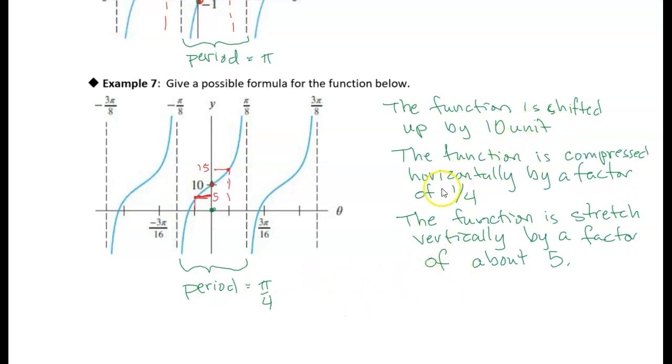We've got a vertical shift going on. We've got a horizontal compression. We've got a vertical stretch, and so we should look at whether we have any kind of horizontal shift.